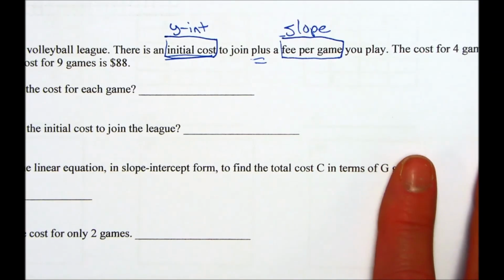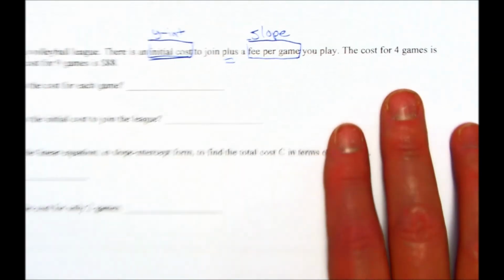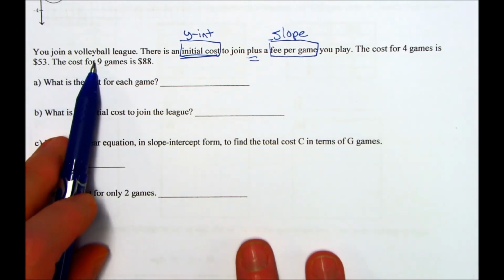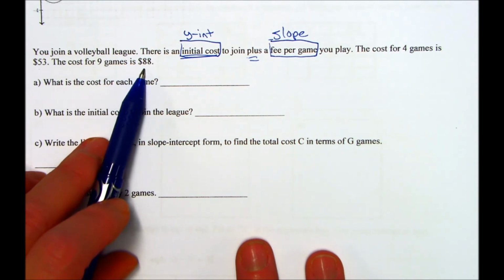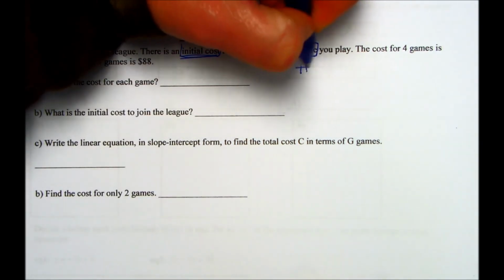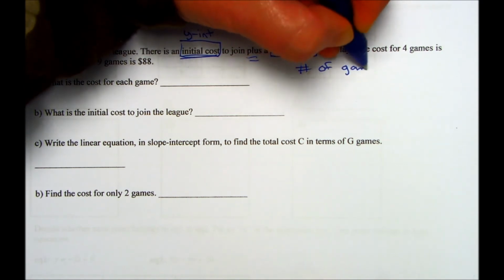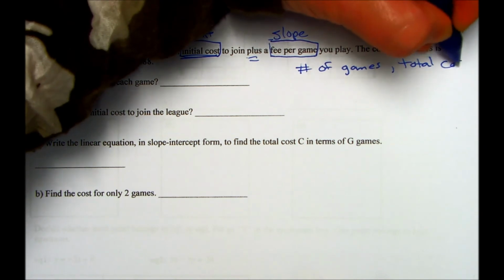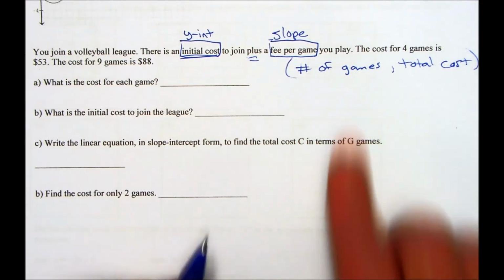Now they give us some information. They tell us the cost for 4 games is $53 and the cost for 9 games is $88. So the two things we're comparing is the number of games and the total cost. So the number of games is basically your X value.